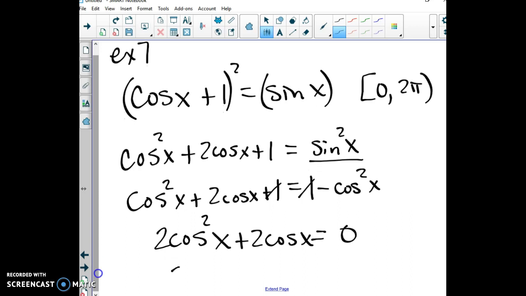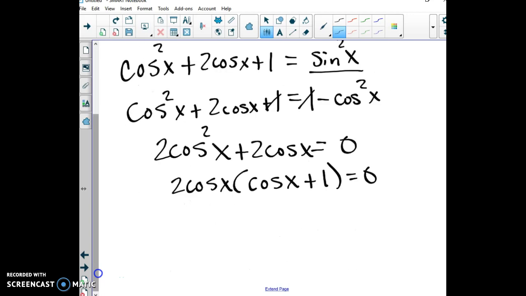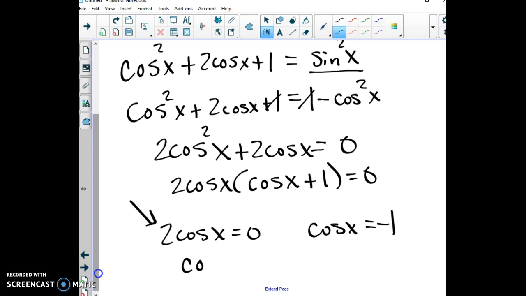And we're going to factor out a 2 cosine x. We're left with cosine x plus 1. Again, we're going to take both of those products. 2 times the cosine of x is equal to 0, or cosine x is equal to negative 1. On this side, dividing both sides by 2, we just get cosine x equal to 0.